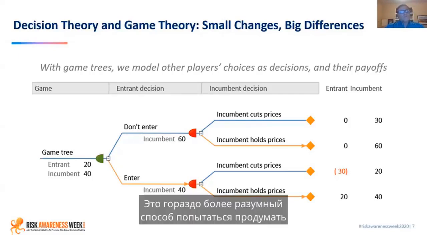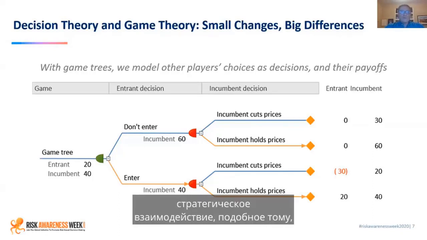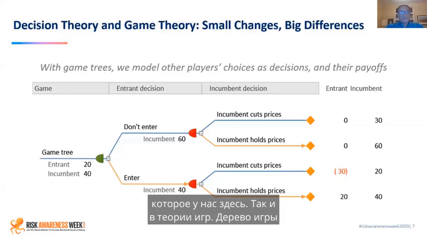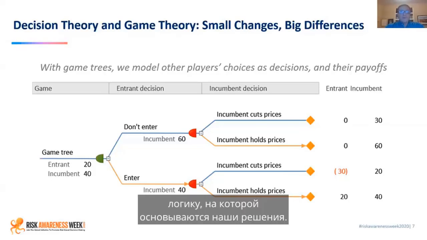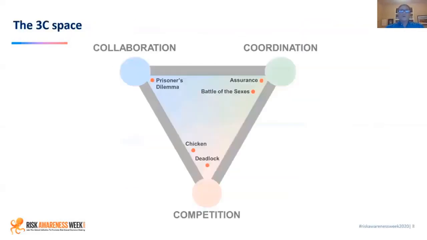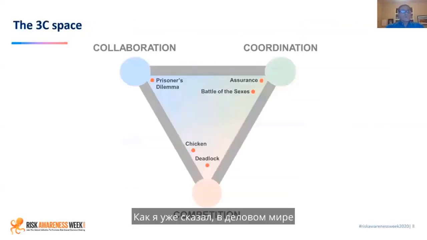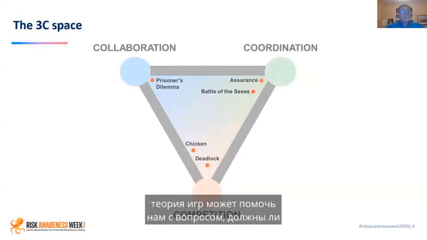That is a much more sensible way of trying to think through strategic interactions such as we have here. So the game theory approach, a game tree, will give us a much more intuitive and better logic upon which to base our decisions.